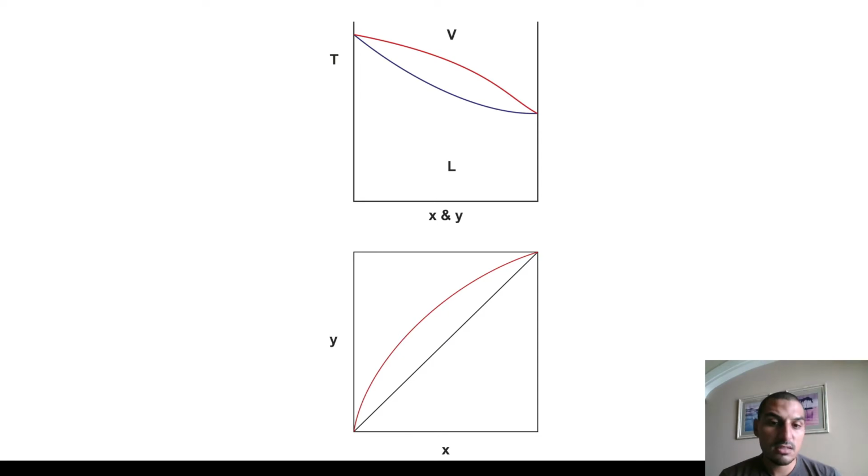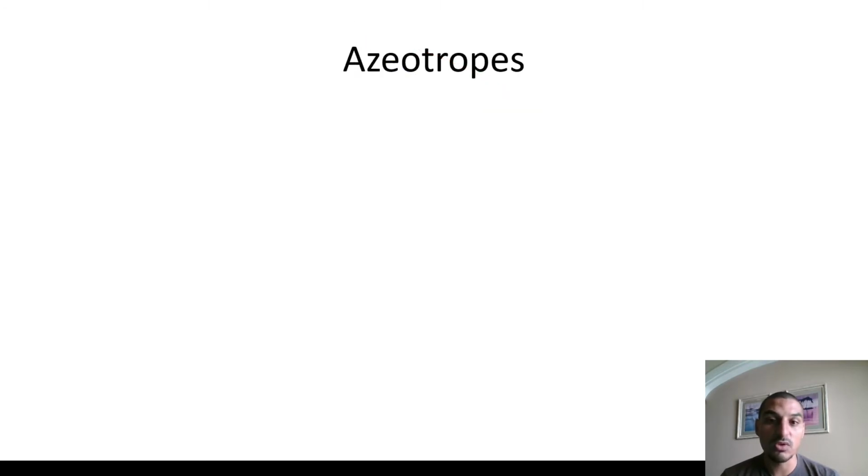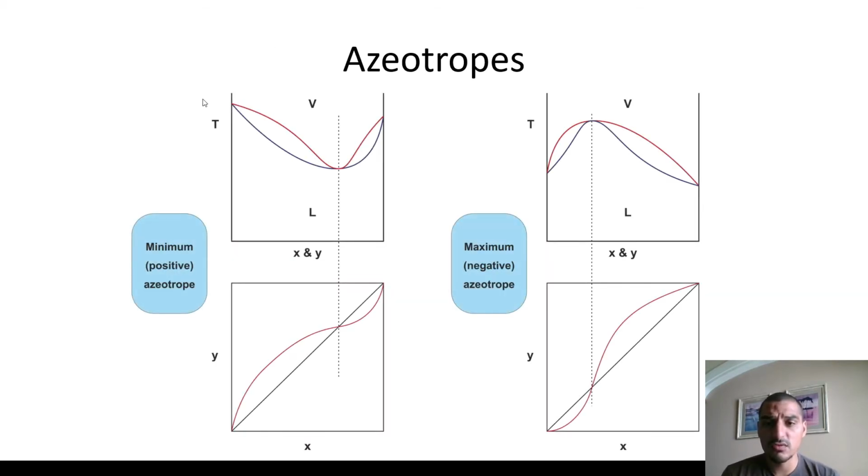There are many shapes of deviation, but there is one shape of deviation from ideality which is very famous, what we call the azeotrope. By the azeotrope, we mean that the liquidus curve and the vaporous curve would meet or intersect at a point different from the pure components that we mentioned before.